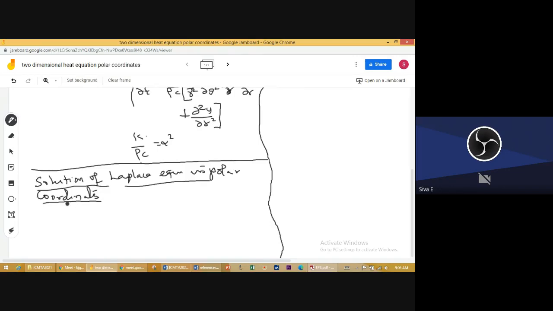Okay, anyway, fine. Solution of the Laplace equation in polar coordinates. So what do we have to solve? See, for the model examination, all the 5 units.